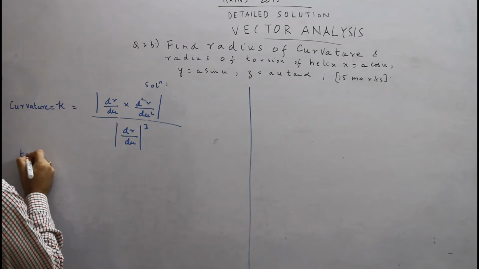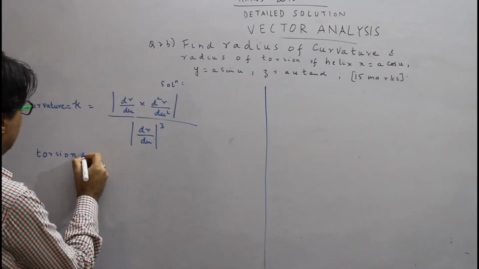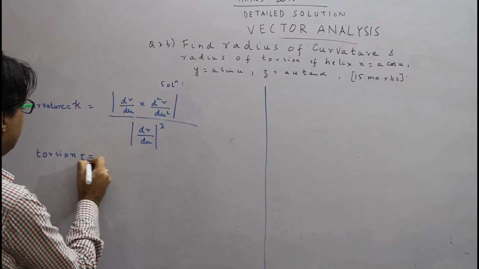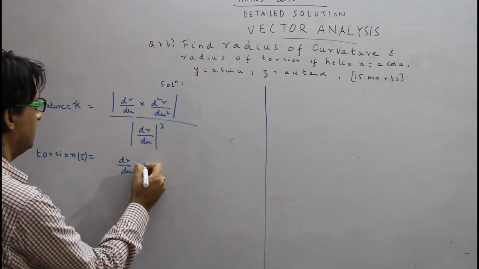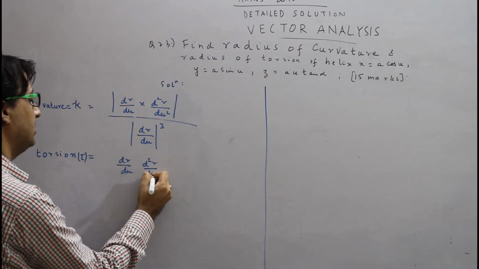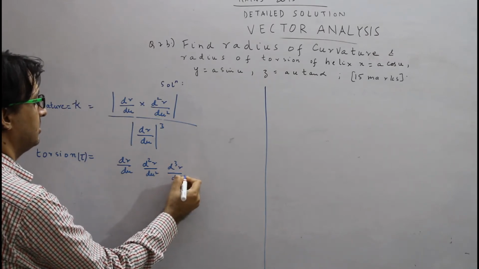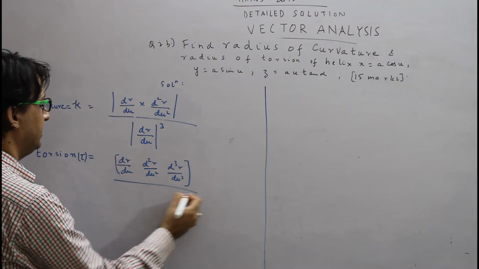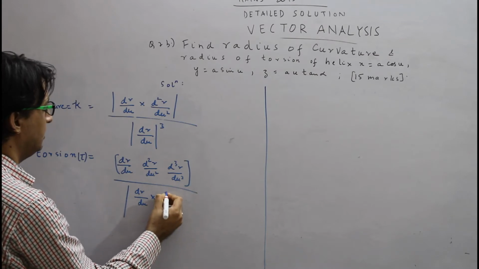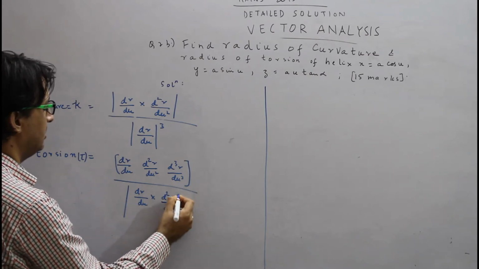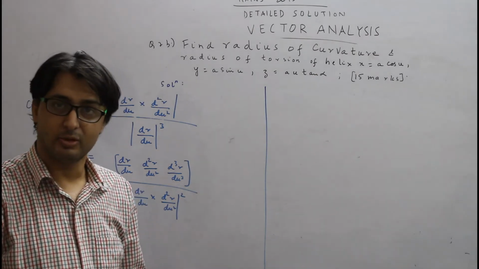And you have to write the formula for torsion, that is equal to dr by du, d square r by du square, d cube r by du cube, divided by the mod of dr by du cross d square r by du square, whole square.